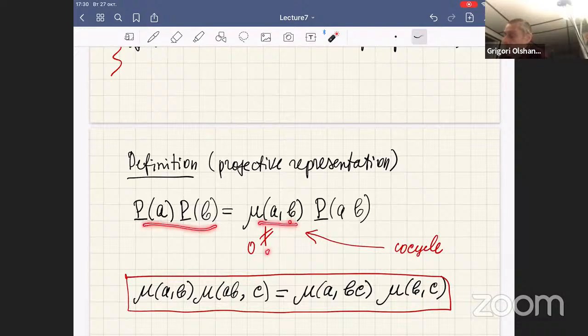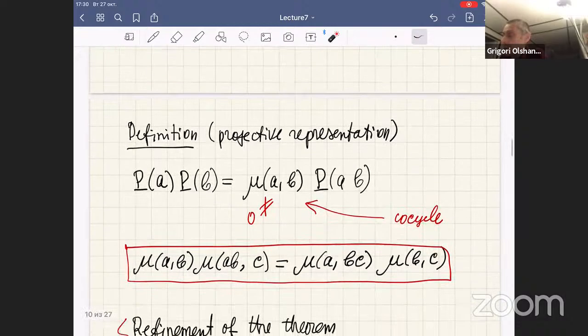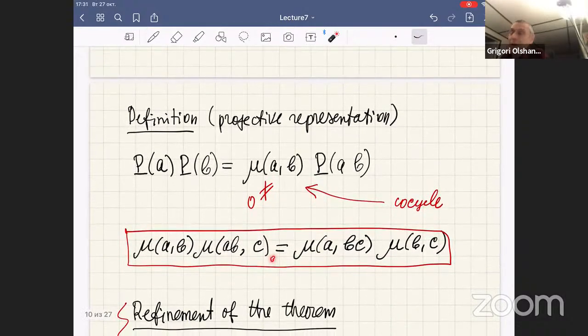So this is an equality up to a scalar factor. And this scalar factor I want it to be a cocycle.